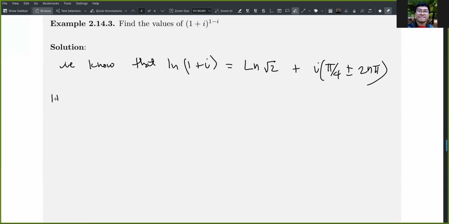We'll use that. Okay, so 1 plus i to the power of 1 minus i is e to the power of 1 minus i times ln of 1 plus i.